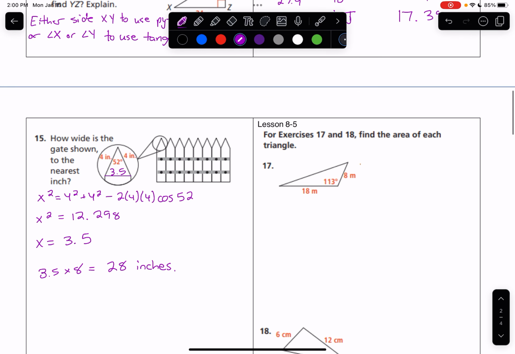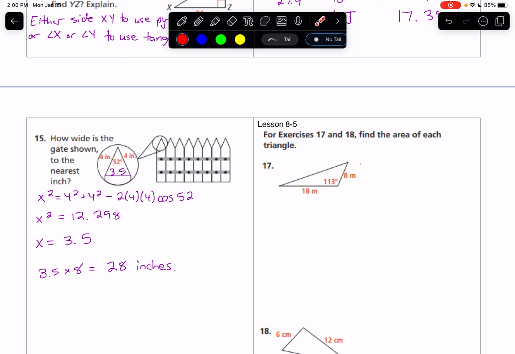Number 17, find the area of each triangle. So in number 17, to find the area of this triangle, we talked about a few different ways to do this, and we could, using the law of cosines, find the opposite side length, and then we could find an angle in here after that using the law of cosines.